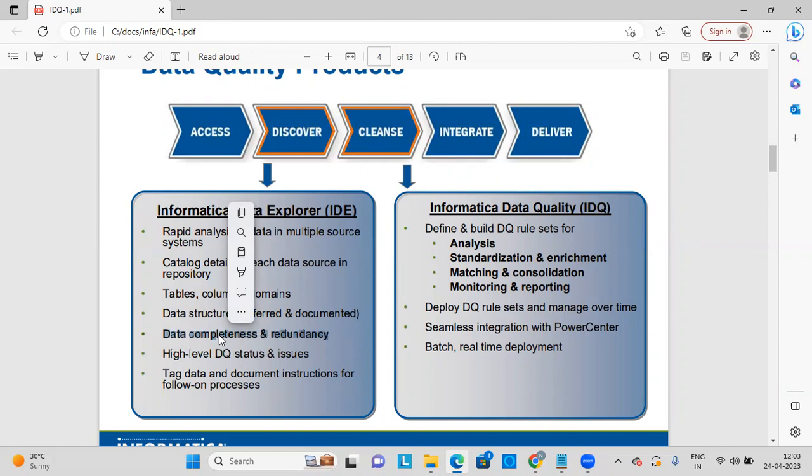Dimension means, let's say, subject area. If you take a customer subject area, or a product subject area, or a vendor subject area, what are the measures that we need to keep in mind in order to say that our data is as close to 100% accuracy as possible? Remember that. Those things I'll talk about later. For now, you can just remember whatever you have here.